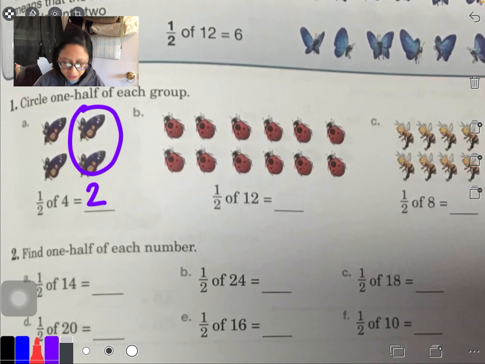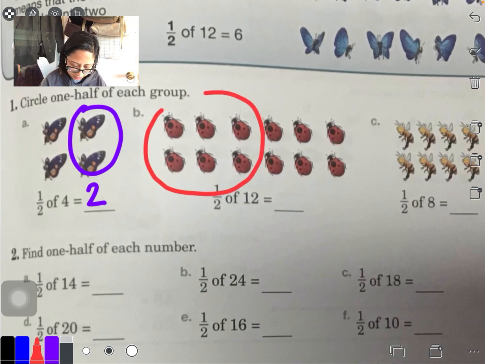Next group, we've got ladybugs. I'm going to use red. Circle 1/2 of the ladybugs. Okay, now you can do it in 2 different ways. You can do it like this. I'm going to circle half of that. Or you can do it like this. I'm going to circle half of that. And when I circle half, that means both parts have the same amount of ladybugs.